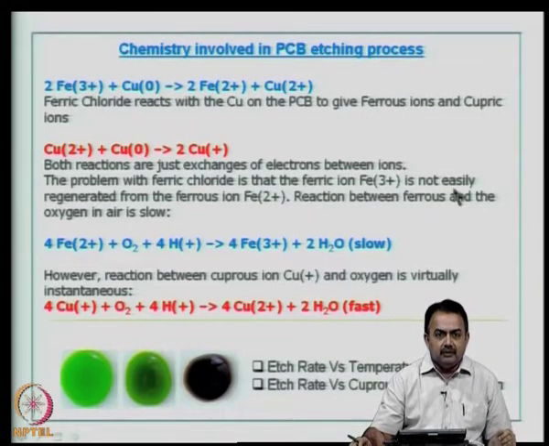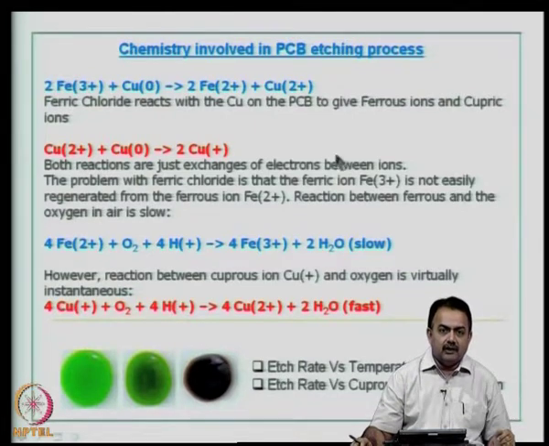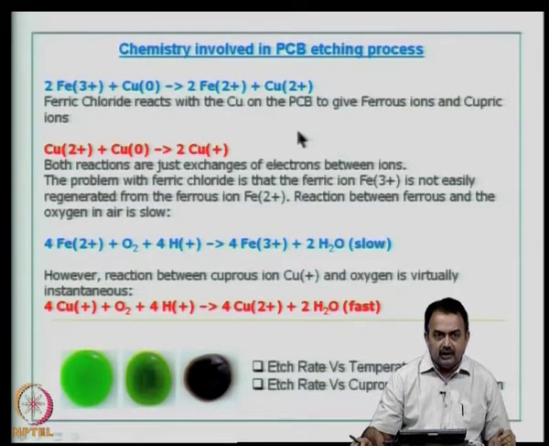Now, let us briefly look into the chemistry involved in PCB etching, that is copper etching. If you take ferric chloride, Fe is present as Fe3+, and it reacts with the copper on the surface of the PCB, and then you get a ferrous ion Fe2+, and Cu goes into cupric Cu2+.